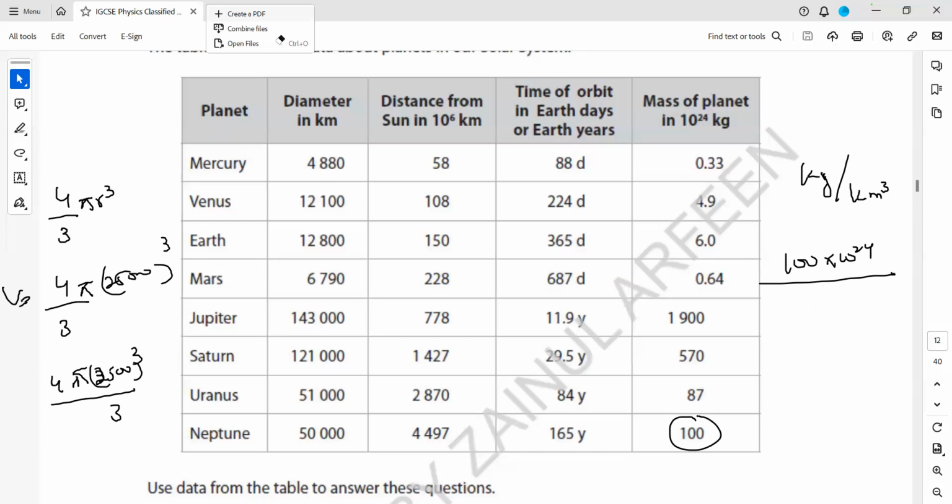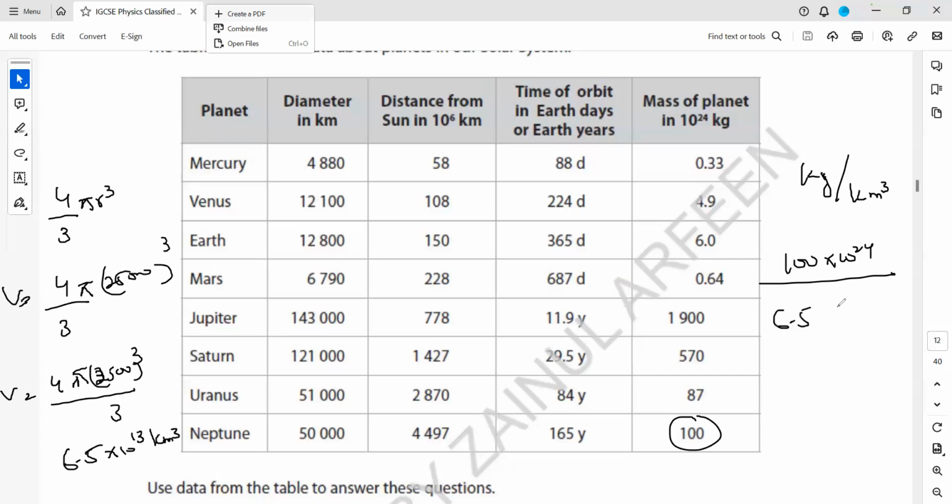What is the volume of Neptune? 25,000 cubed multiplied by 3.14 multiplied by 4. So it is 6.5 exponent 13, that is 6.5 into 10 to the power 13 kilometer cubed.